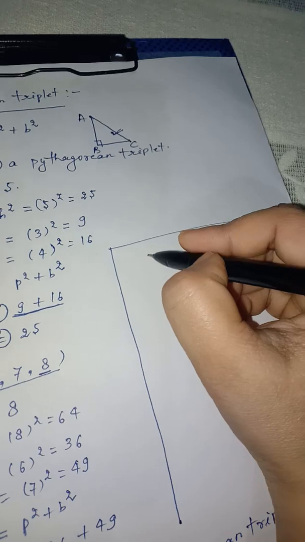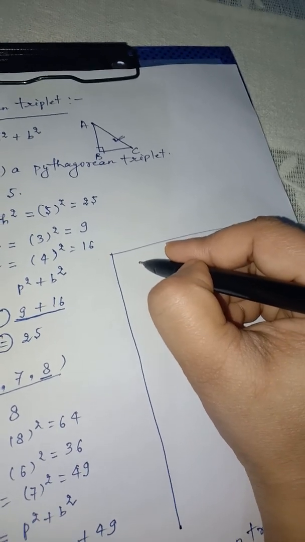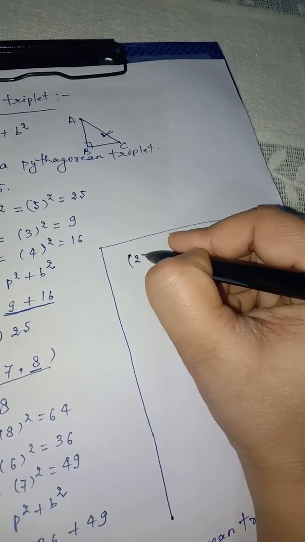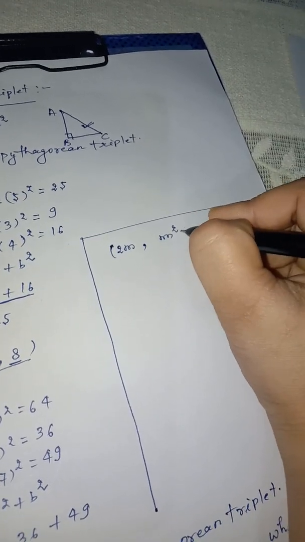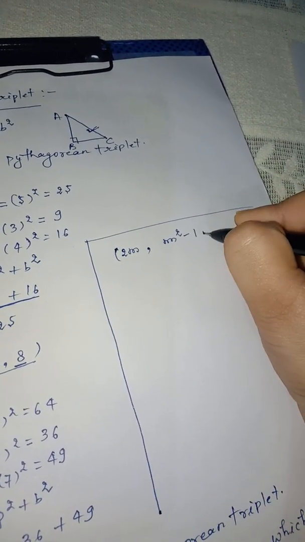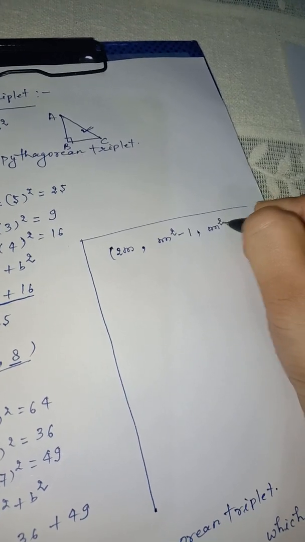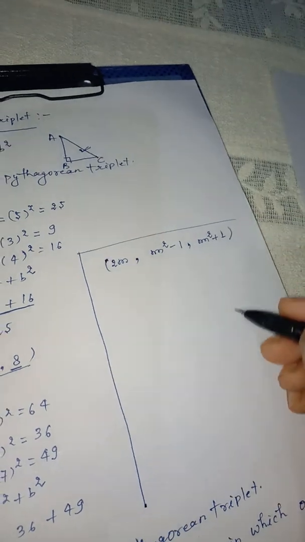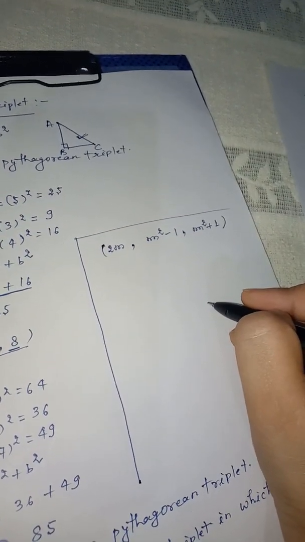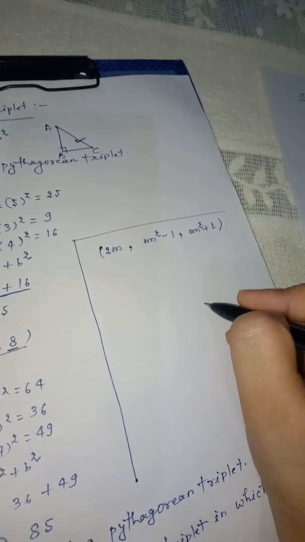The formula of a Pythagorean triplet is 2m, m square minus 1, m square plus 1.